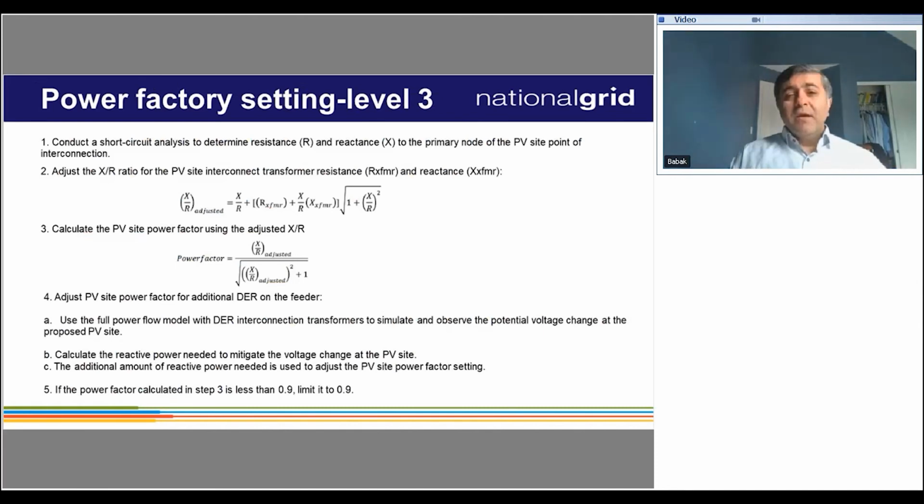Okay, and that's it. What you need to do then is add the impact of the interconnection transformer to your equations as well. So for your adjusted X over R ratio, we're going to use this equation to consider the impact of the interconnection transformer impedance on your calculated R and X on the primary of the interconnection transformer.